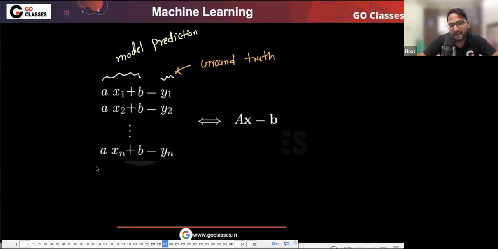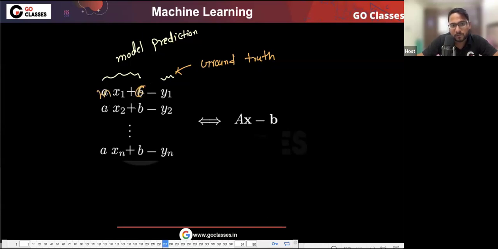Now, this model prediction can be written as Ax. And let's just assume this vector is b. Or maybe you can assume something else, but I'm just assuming b without loss of generality. So this b and this b are different. If it is confusing, you can assume this to be p and q, or maybe mx plus c, something like this.